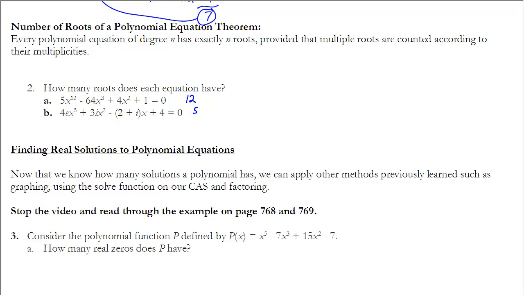Now, don't get confused by the fact that I deliberately picked coefficients in B that were not real nice. That's okay, as long as they are any numbers that we've worked with, including e. It's alright to have those as coefficients. It's not going to change the number of roots that we're going to have there.